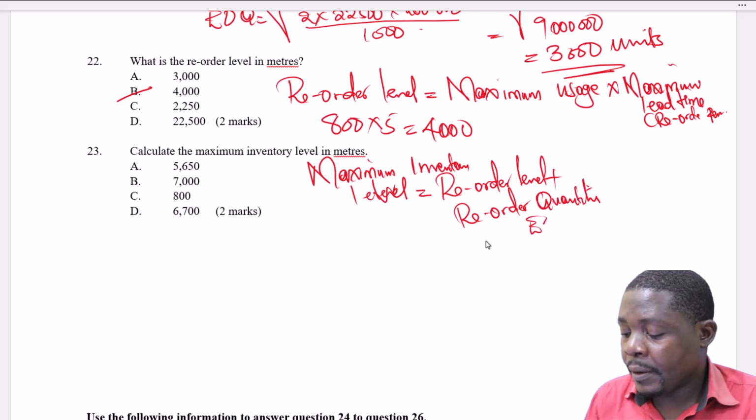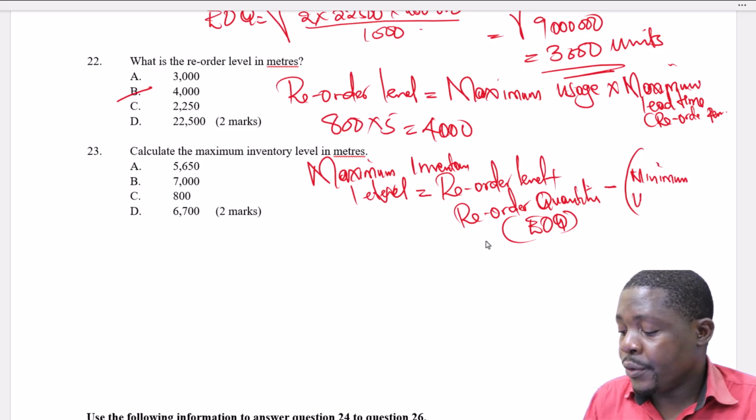In other words, you have EOQ minus, in brackets, minimum usage multiplied by minimum lead time.